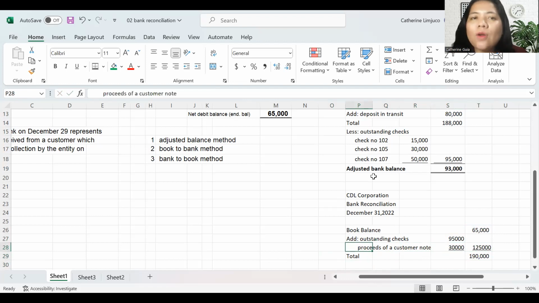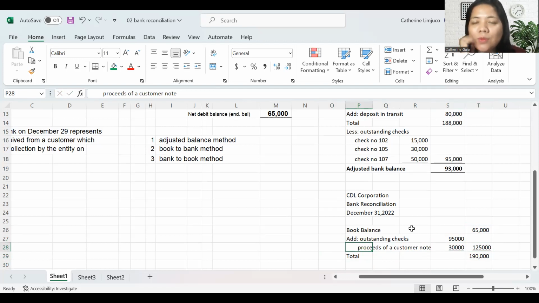As mentioned, all the reconciling items should appear in the book to bank method. It just depends on your analysis whether those items will be added or deducted.